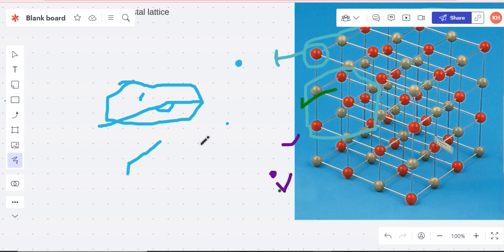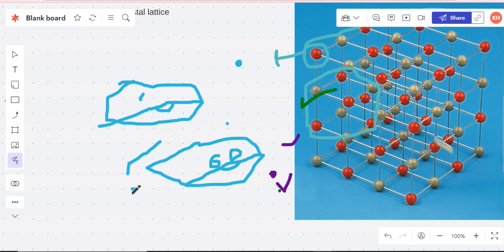So let me just draw it properly. Here we can see, maybe it's not perfect yet, but here we can see the angle of 60 degrees. So this is the hexagonal crystal lattice. Yet again I can say that A is not equal to B and the angle is not equal to 90 degrees but equal to 60 degrees, because in the hexagonal we can say that the angle is equal to 60 degrees.